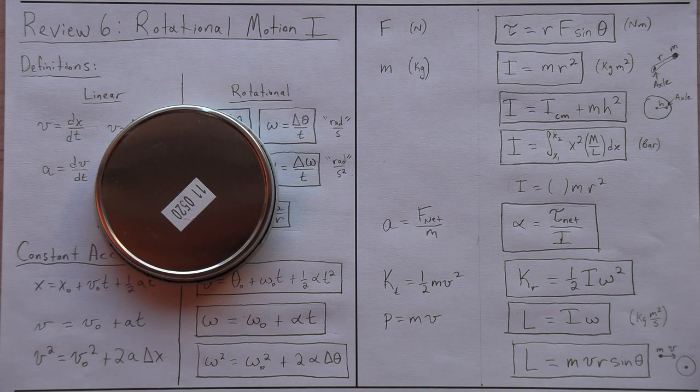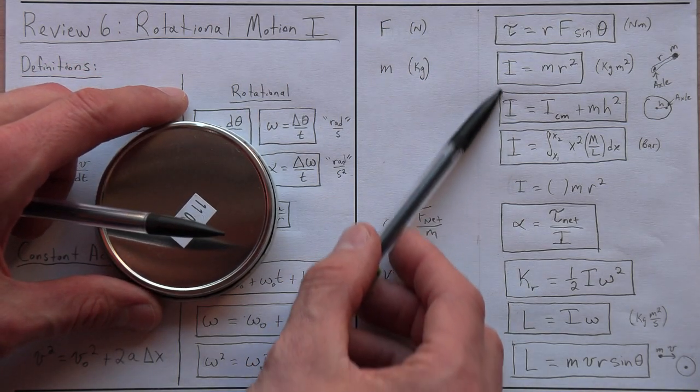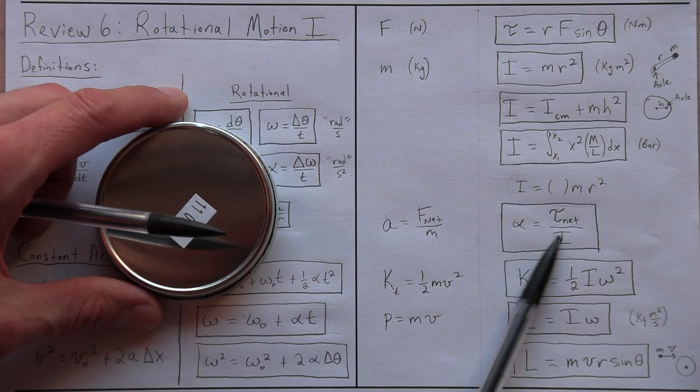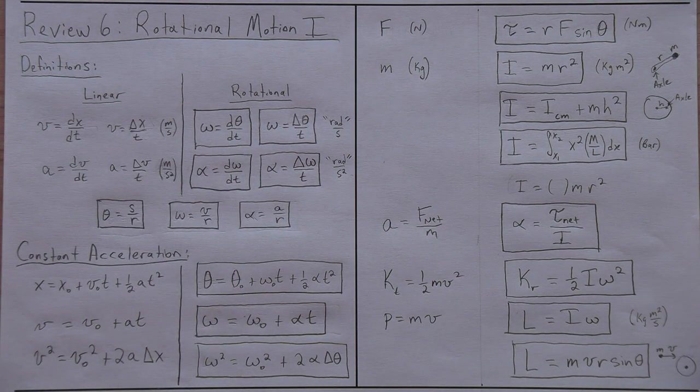You don't have to remember that. You just have to know that it's something times mr squared. And then in example problems, if you actually need the inertia to solve the problem, the AP test will give you the formula for the inertia. So these are the ones you have to know and memorize, but not all the other shapes.